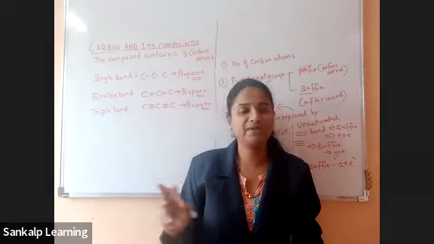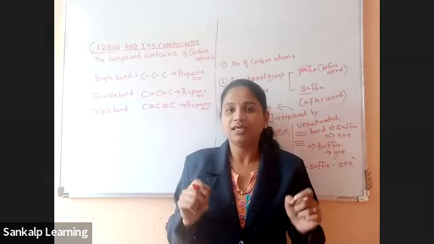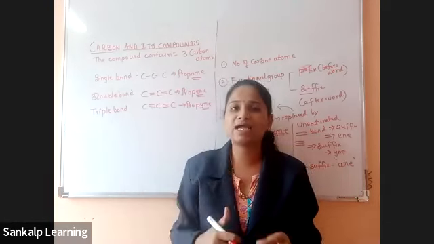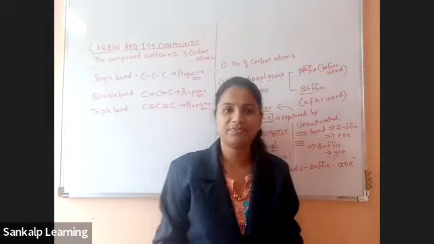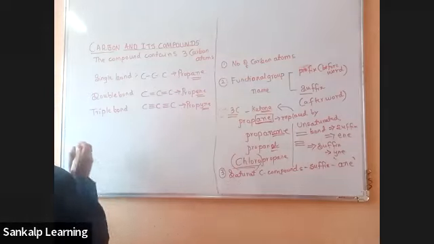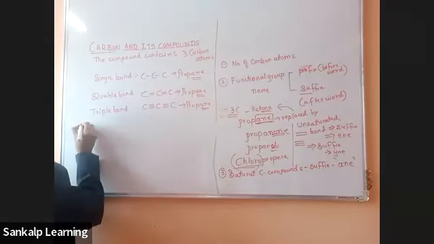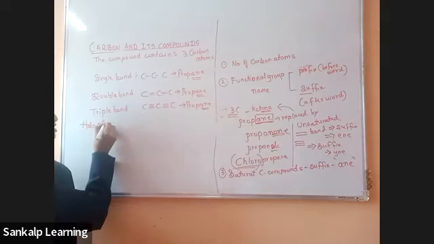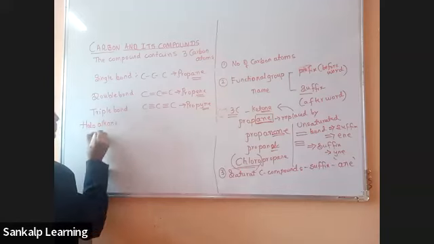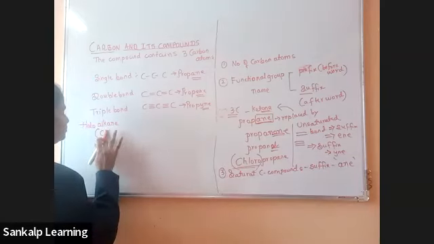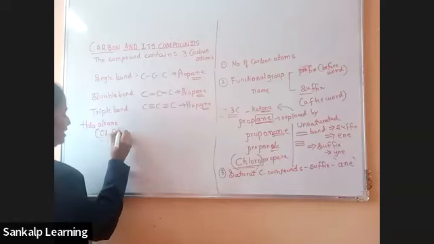a carbon compound. Now, if the carbon atom or the carbon chain is attached to any functional group, so let us consider the functional groups now. The first functional group, if the functional group is haloalkanes, means for the alkanes, if the halogens like chlorine, bromine are attached.